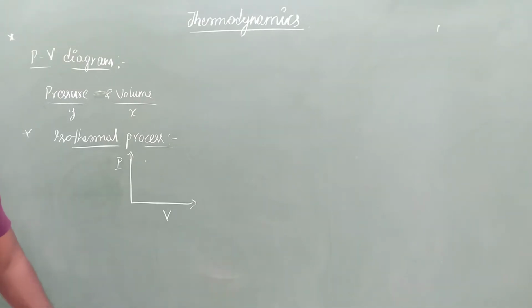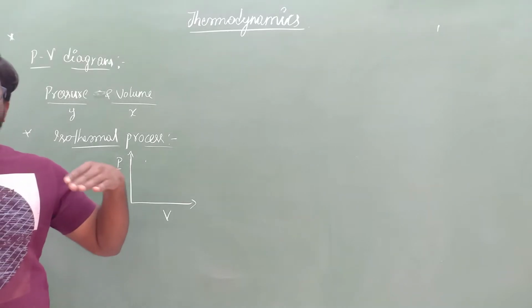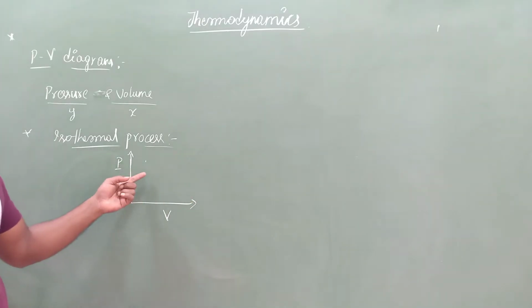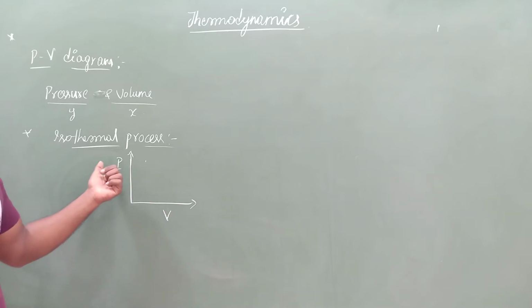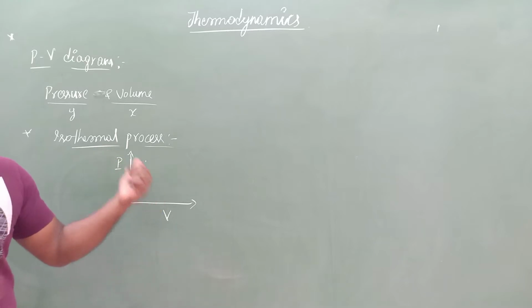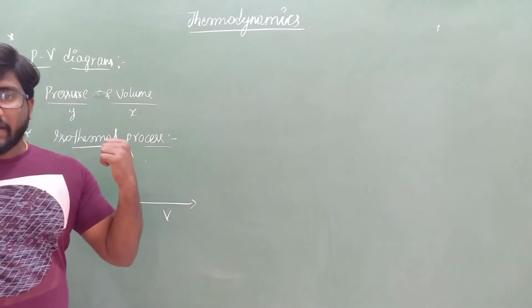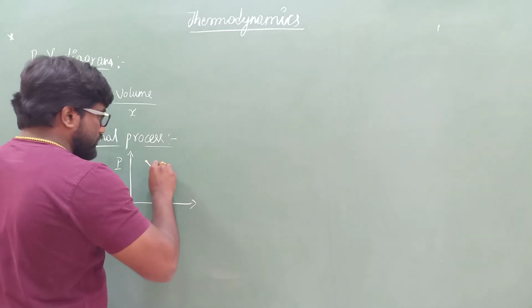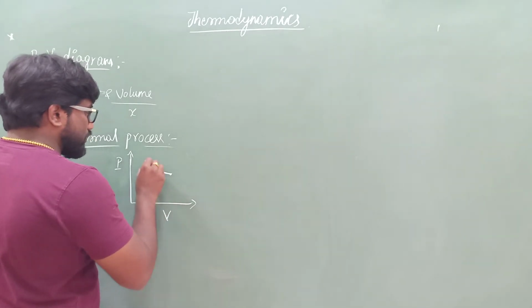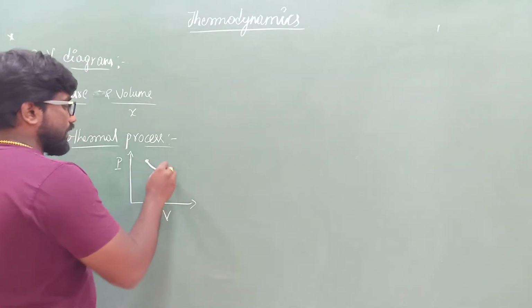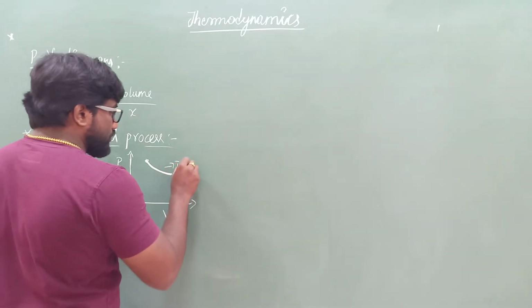If you do some work, either isothermal expansion or compression, then the volume and pressure keep on changing. If pressure decreases, volume increases. So you will get a graph like this. This will be the graph that we get in case of isothermal process.